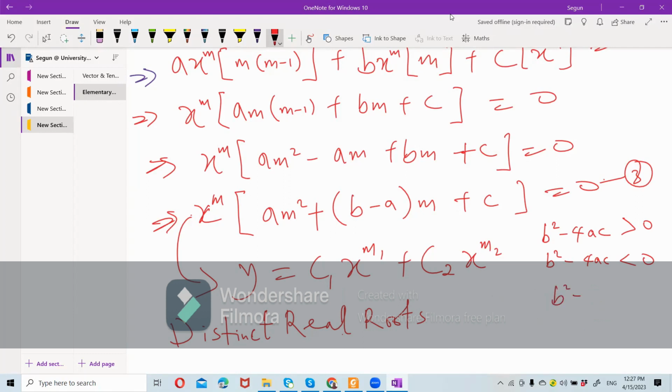And B squared minus 4AC when it's equals to 0. You know this condition. So in this case, y equals to C1 x raised to power m1 plus C2 x raised to power m2. So we can solve this problem.